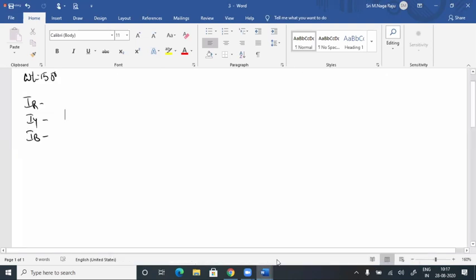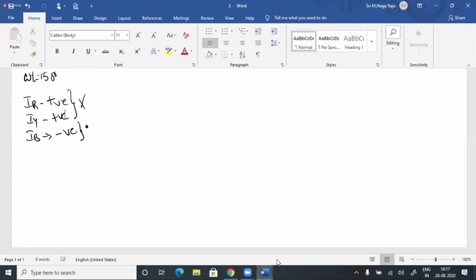Positive means we indicate with a cross, negative means we indicate with a dot.